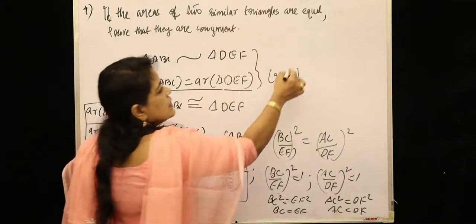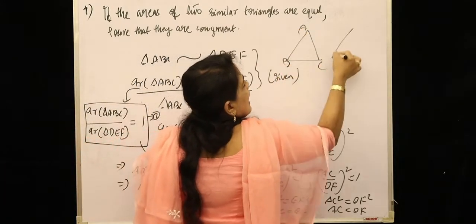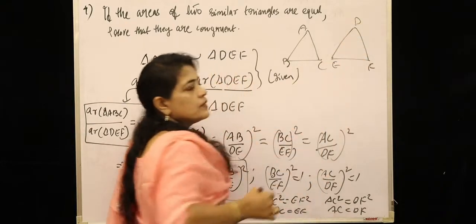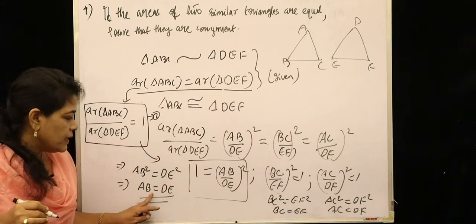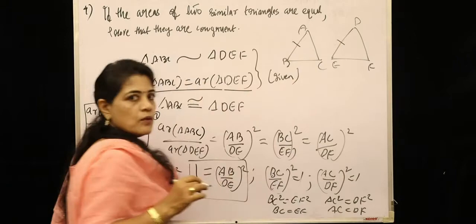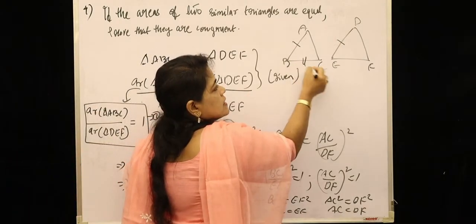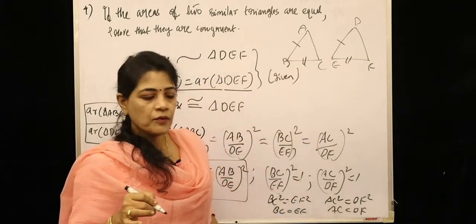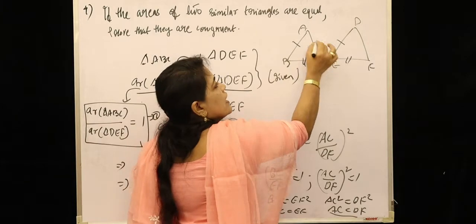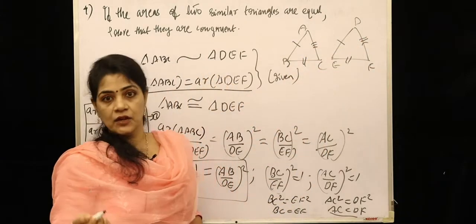Suppose, children, these are the two similar triangles, ABC, and here comes DEF. What we have seen: AB equals DE, BC equals EF, and the third side, AC of triangle ABC, equals DF of triangle DEF.